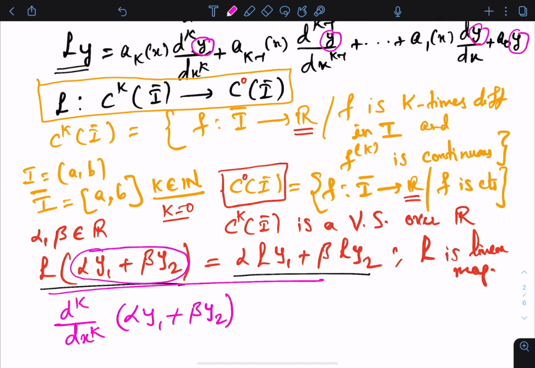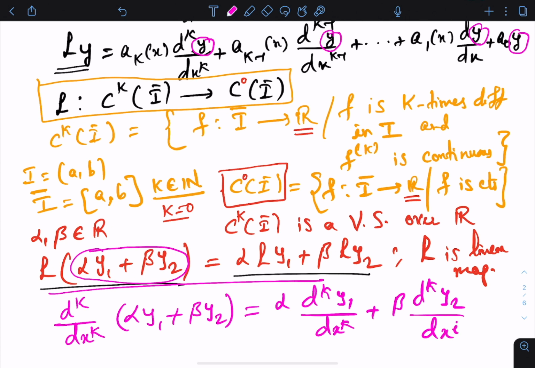Every derivative is a linear map for any k, or any i. So in fact I should not use k, it's not the same as, so let's use i. d^i x^i.